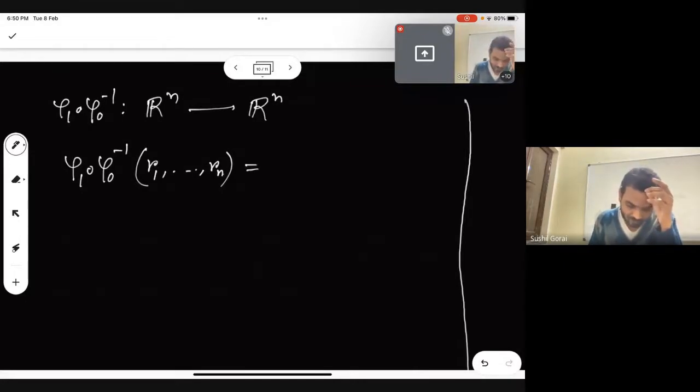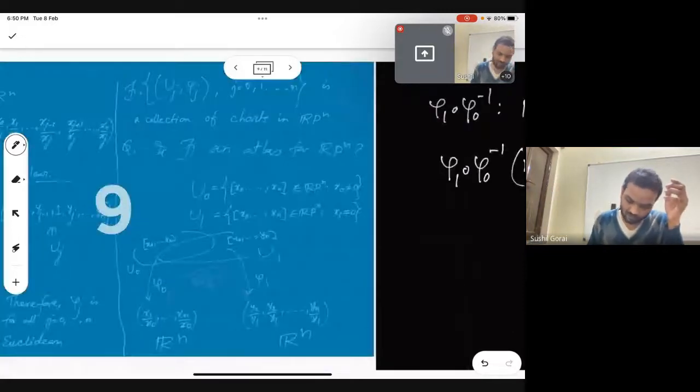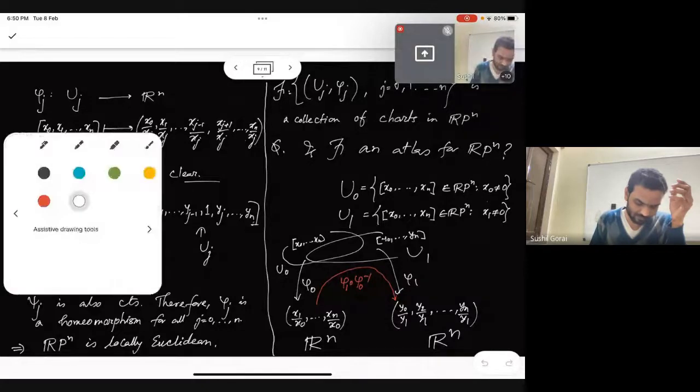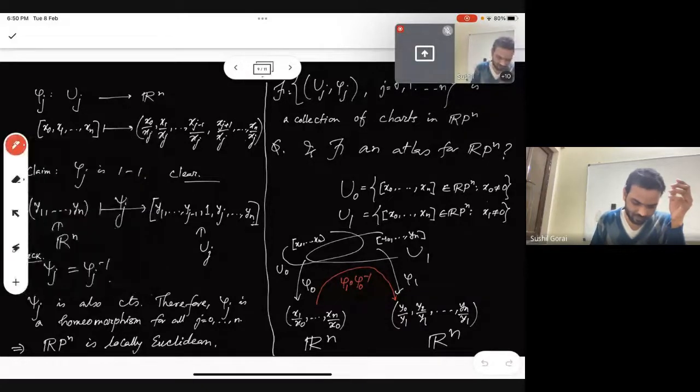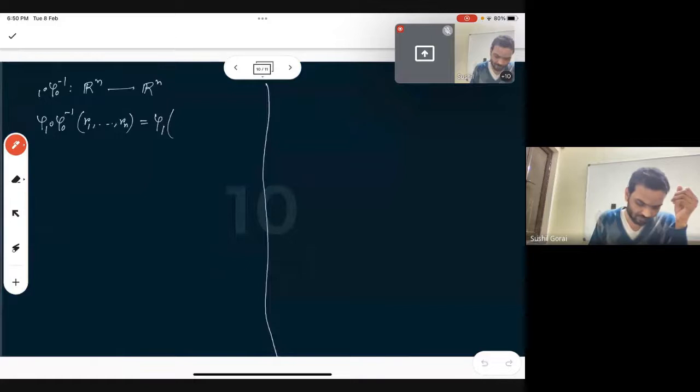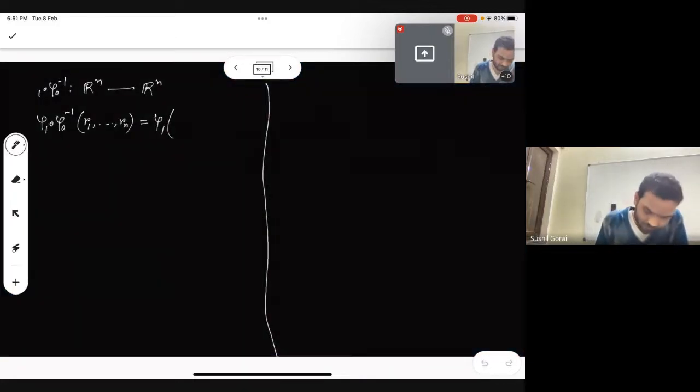So what is this? You first apply phi naught inverse. Look at this one. This is the map, this is the inverse map, right? So it's putting 1 at the jth place, so putting 1 in the first place here, then R1 to Rn.